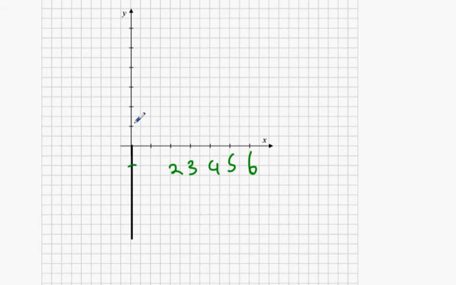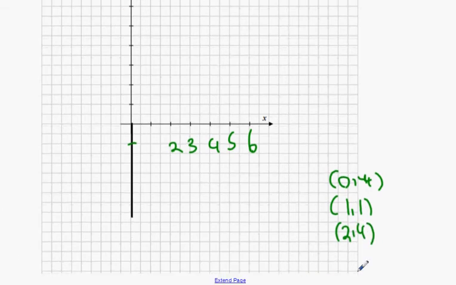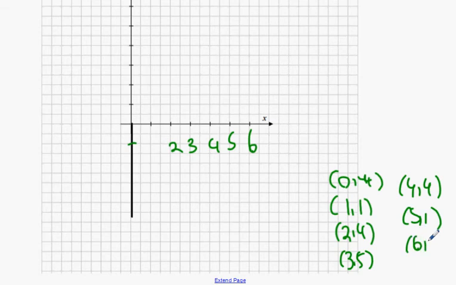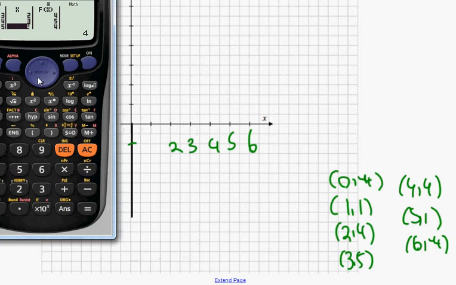So it only goes as high as 6, because the points in your calculator are 0, minus 4. They're 1, 1; 2, 4; 3, 5; 4, 4; 5, 1; 6, minus 4. If you're wondering where I'm getting them from, they're all there in a list. So you can see all those points are the ones I just wrote down a second ago.